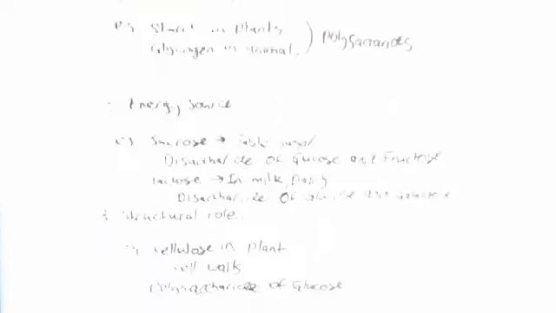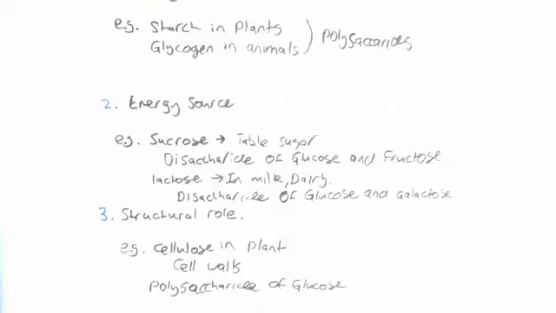As we also discussed briefly, carbohydrates play an important role in structural roles. So cellulose in plant cell walls is a polysaccharide of glucose, and it forms extremely strong chains and fibers which are able to give plants their strength and build things like trees and tree trunks, which are mostly cellulose.